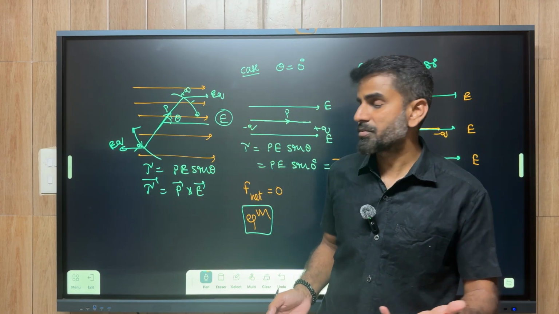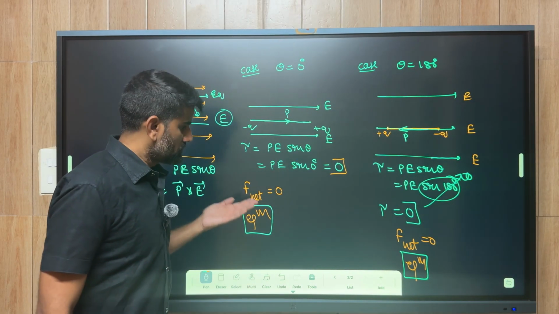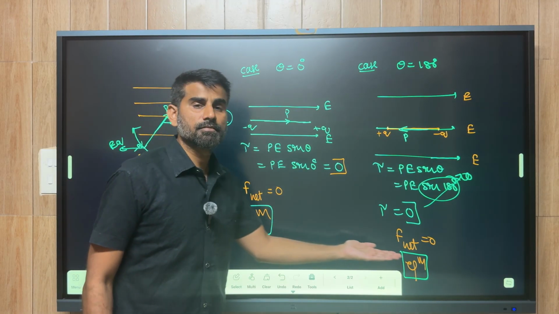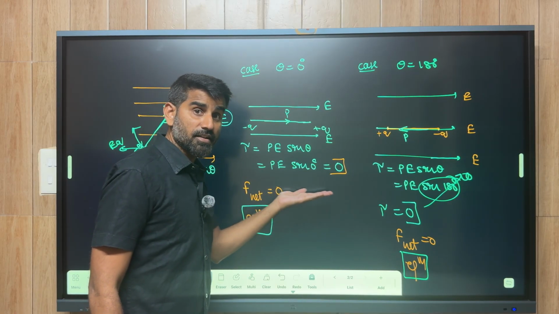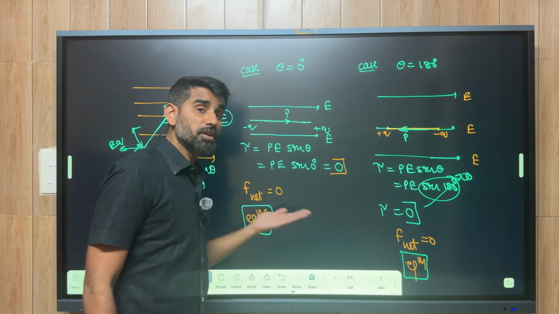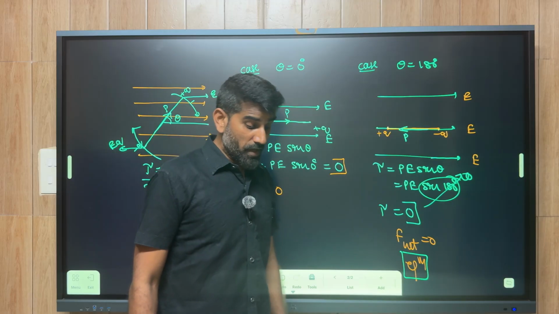So I'm considering the whole system to be in equilibrium. Because the net force is 0, it is in translational equilibrium, and because the net torque is 0, it is also in rotational equilibrium. So obviously the system is in equilibrium.